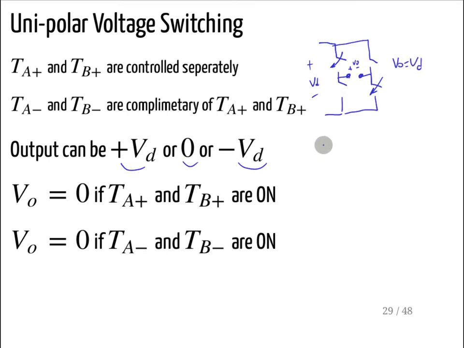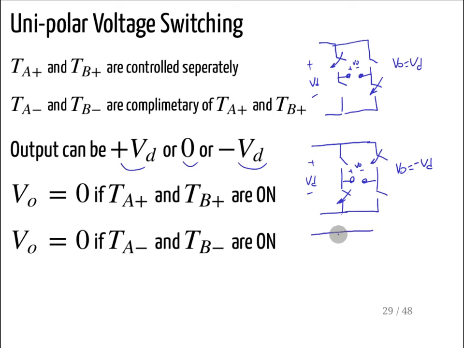Okay, we already have that one in the bipolar PWM switching. And now I have that one, that one. So if this is VD, if this is VO, I can write VO is equal to VD. Okay, so this is exactly the bipolar switching.